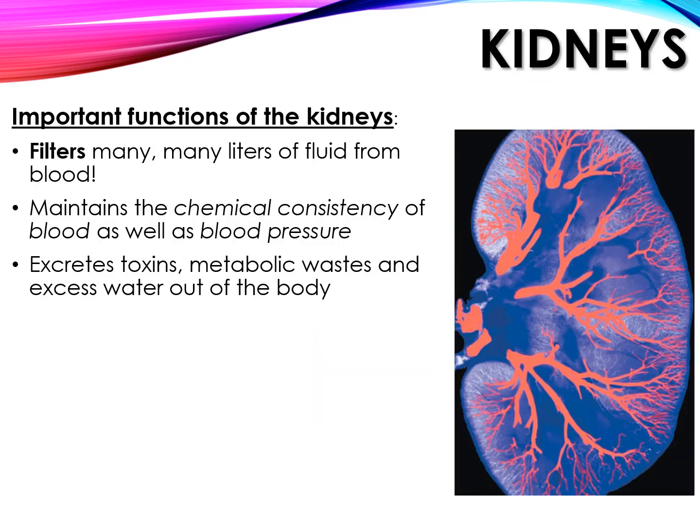So we talked about the main function of the kidneys, which is filtration. So we're going to filter many, many liters of fluid out of the blood. That we'll talk about in a little bit as well. But some other things is that it really maintains the chemical consistency of the blood as well. So it maintains how much of the different electrolytes we have in the blood, as well as blood pressure.